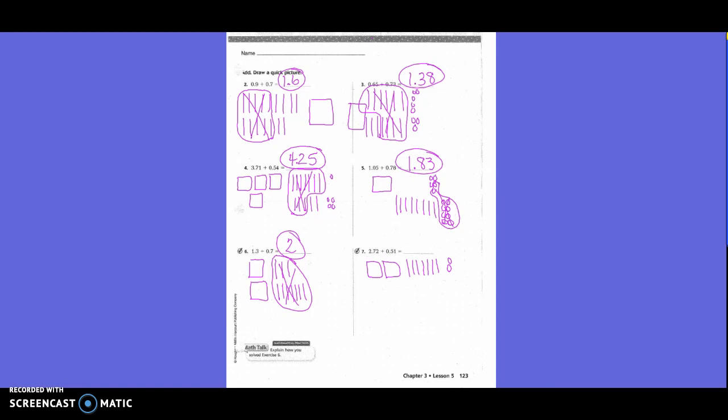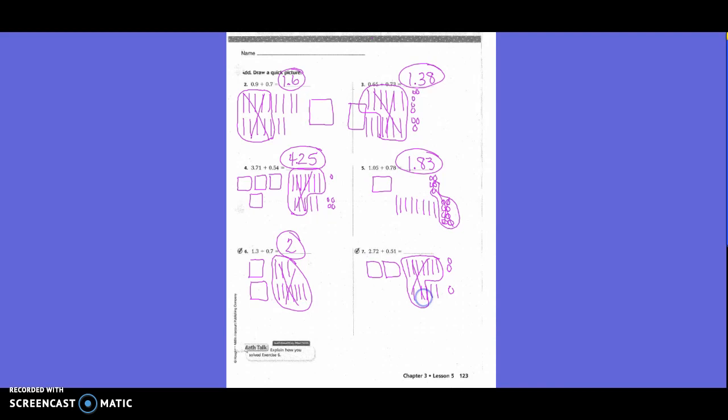Okay, next one, how many flats? 0. How many longs? 5. How many small cubes? 4. Can I regroup my small cubes? No. Can I regroup my longs? Yes. So I had 7 here, and that means I need how many more from the bottom? 3.